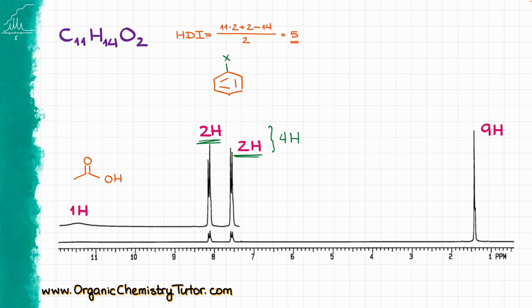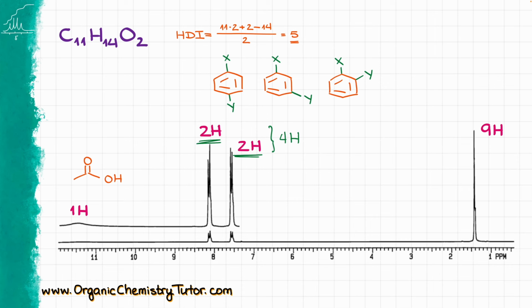If I have 2 groups on it, now I have 4 hydrogens left. But that brings me to a question: are we going to have our two groups in the opposite positions to each other, in the para position, like what I have drawn here, or maybe they're going to be meta to each other, or maybe they're going to be ortho to each other like that.